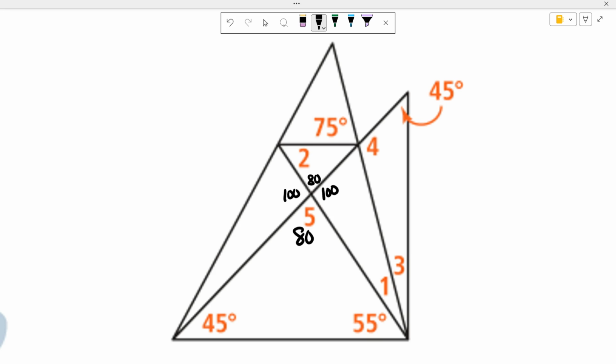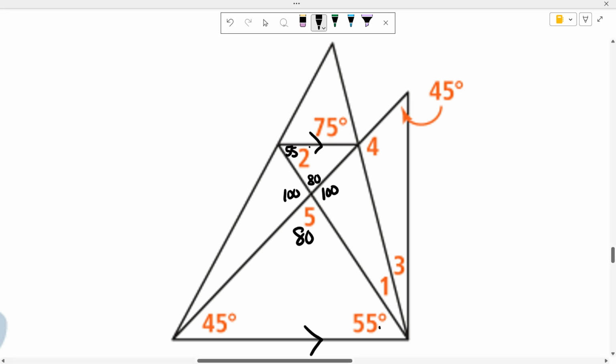There's something I'm missing here because we should know one more of these, I think. This, 55, there we go. Angle 2. This is parallel to this. So here's our transversal. I have 55 here. So angle 2 is 55.